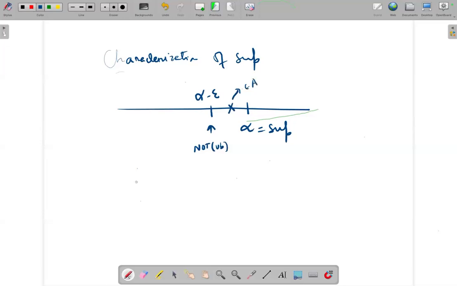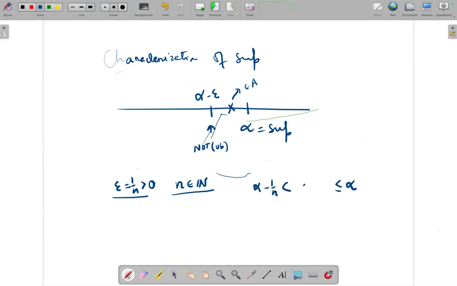So now observe this. This is true for any epsilon, right? So I can take epsilon to be 1 by n. I just need it to be greater than 0. So for any natural number, 1 by n would serve the purpose, and I apply the same argument. What argument? That alpha minus 1 by n is not an upper bound, because alpha is the supremum.